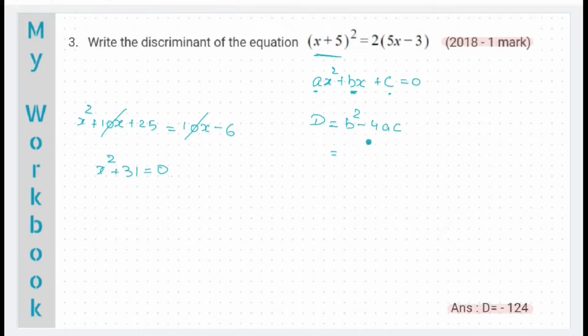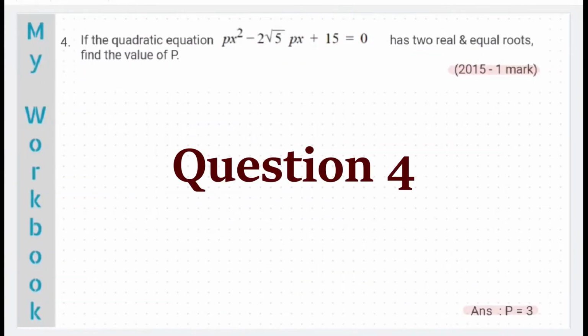B is 0 minus 4 into a, that is 1, and c is 31. So minus 4 into 31 will be 124. So the discriminant is minus 124.